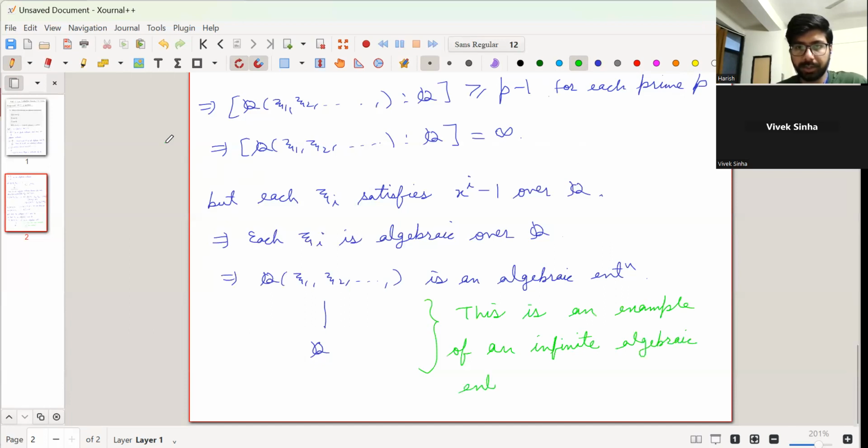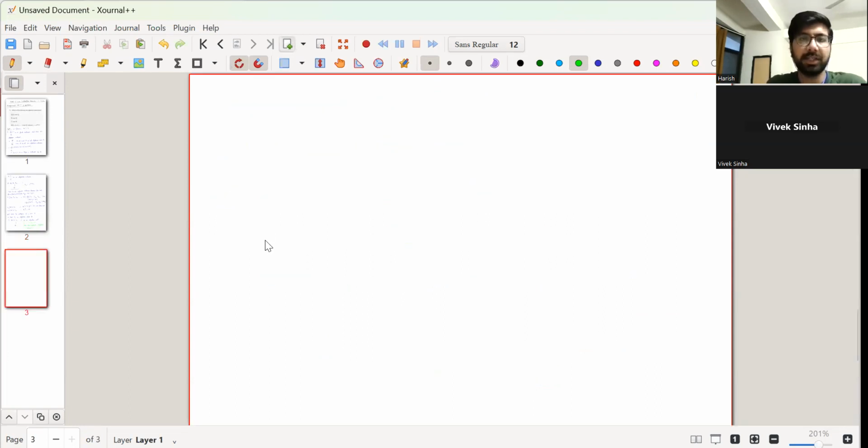So an algebraic extension need not always be finite. This is an example of an infinite algebraic extension. That's it. So that's why, when you are saying that it is infinite, so we can conclude it is algebraic, I told you that no, it is not always the case. One side is true, but the other is not.